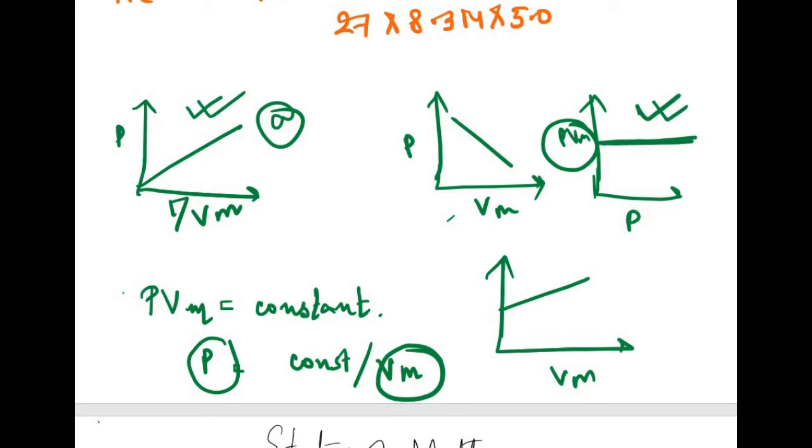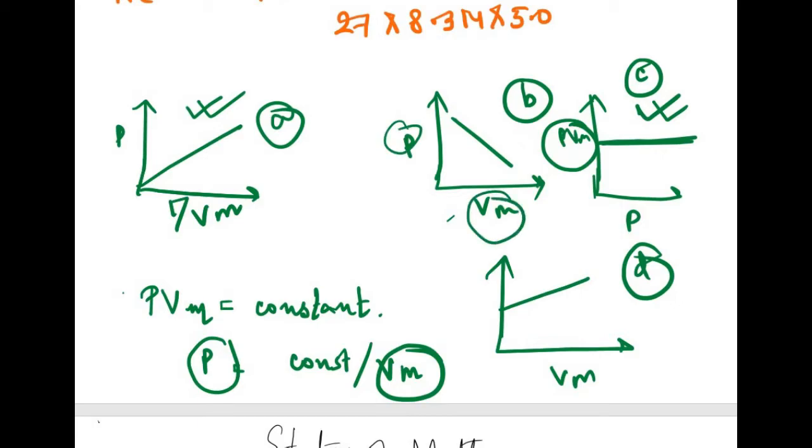So the only incorrect ones would be B and D. How? See, it is saying that P versus Vm is being plotted. So this is inversely proportional to each other. So the graph should have ideally been this way. It is not so here.